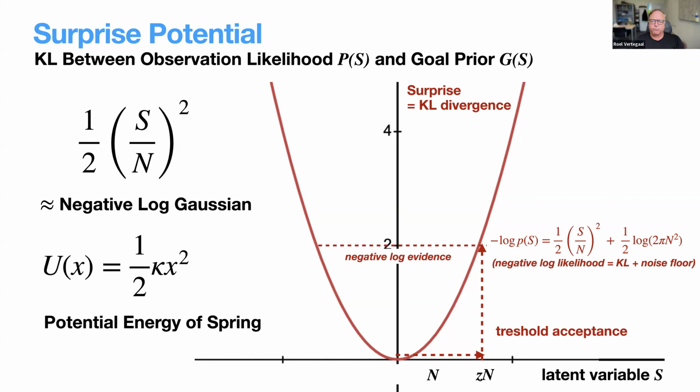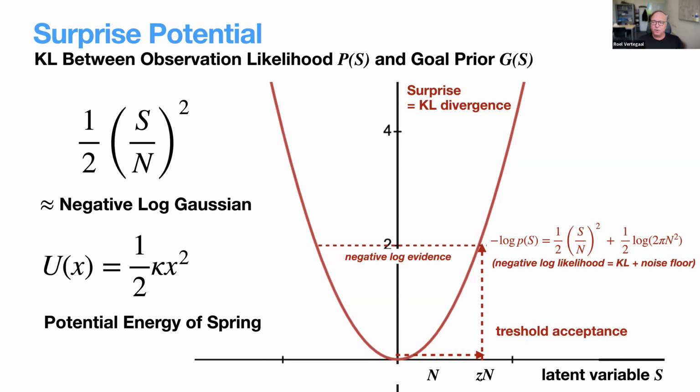So all we need to do is read out on a latent variable S what the surprise is. And you can think of the negative log evidence as being on the y-axis of that. And so instead, we optimize to zero. We go all the way towards the zero of the likelihood function, the negative log likelihood.